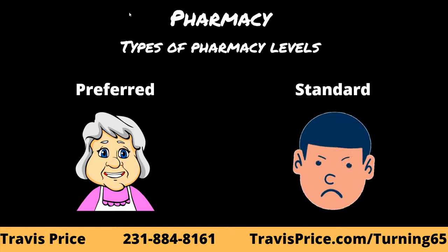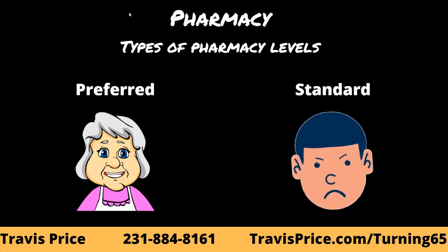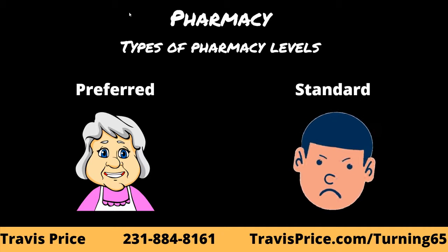The next bucket or part of the bucket that you want to consider is your pharmacy. There's 2 levels of pharmacy. Preferred, which is a pharmacy that has a contract with the Part D provider. For example, if we're talking about SilverScript, it is heavily owned by Aetna, and Aetna is owned by CVS.